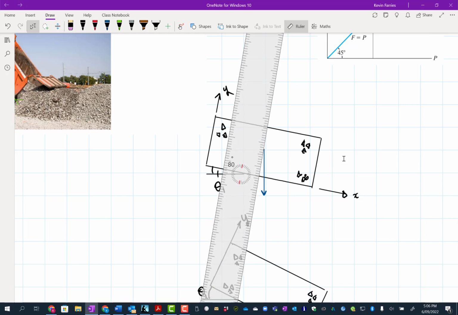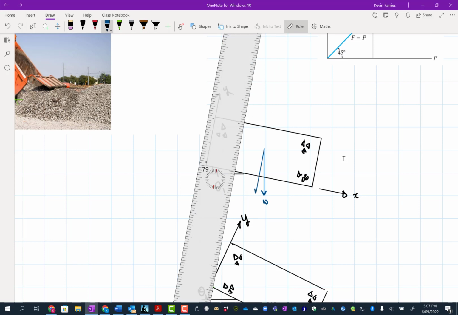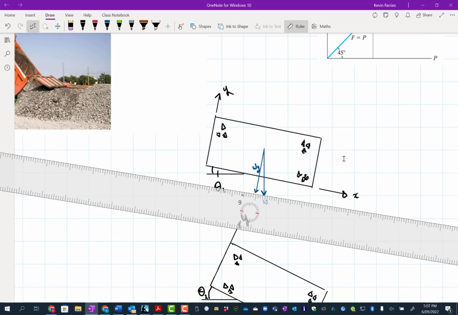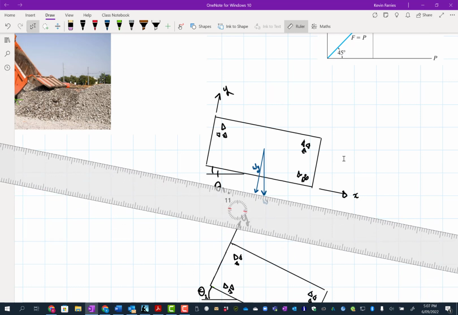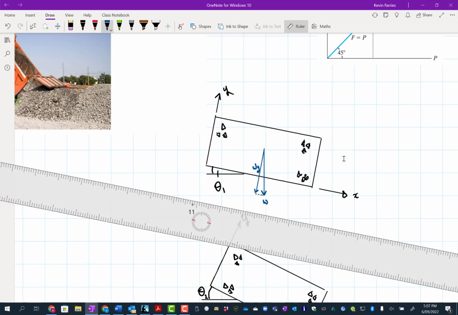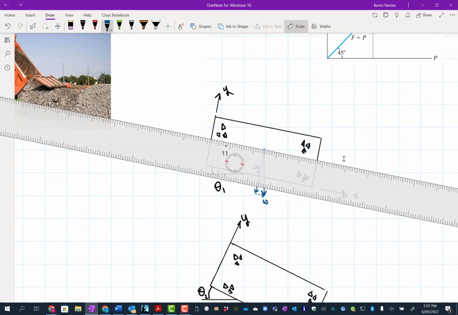We're going to have a component like so. We'll call this one WY. And then we're also going to have an X component. We'll dash that one because it's not at the right point of application. So we're going to have a component this way. Let's show it at the right point of application, which is up here.